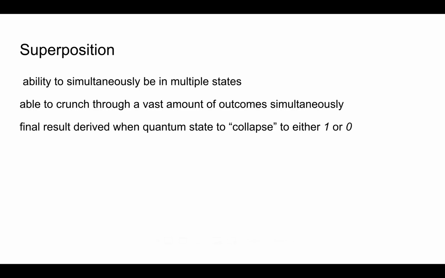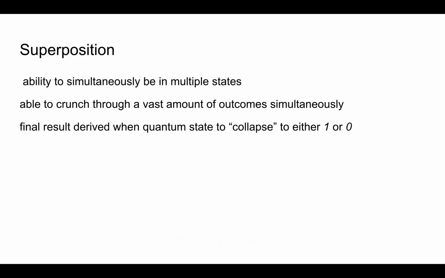Another intuitive example of superposition is when we spin a coin. When we toss a coin, it lands heads or tails, so we can encode heads as 1 and tails as 0. But when the coin is spinning, it is simultaneously both heads and tails, and therefore this is like a superposition.